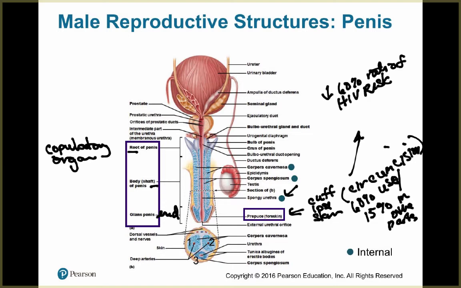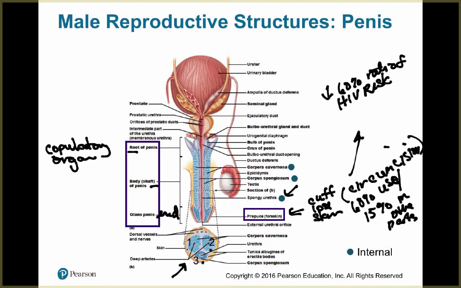And when we're talking about the 3 cylindrical bodies, you can see down here what we're talking about, right? The 1, 2, and 3. We're going to look at what these are made up of, right? And so these are just spongy networks of connective tissue and smooth muscle. And they're going to have some vascular space in there.